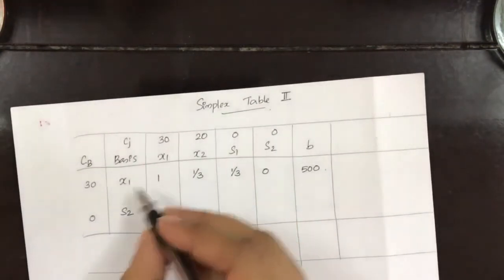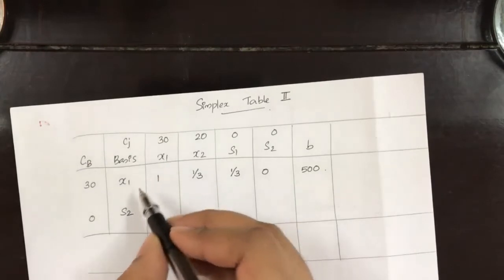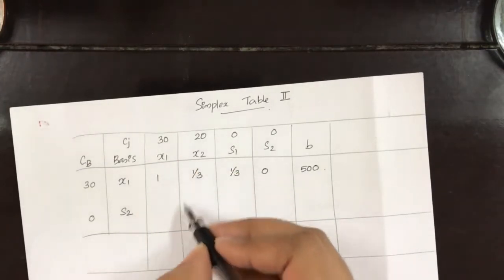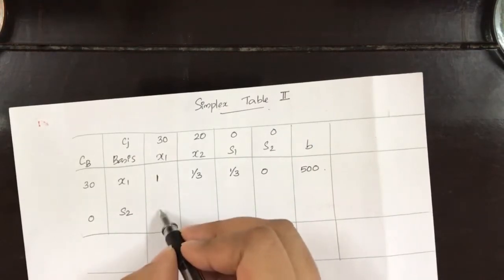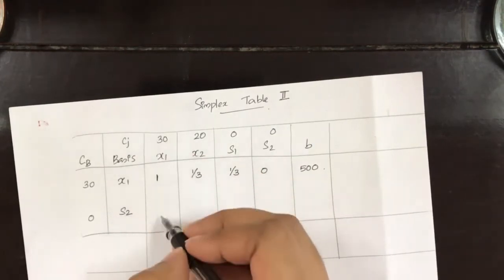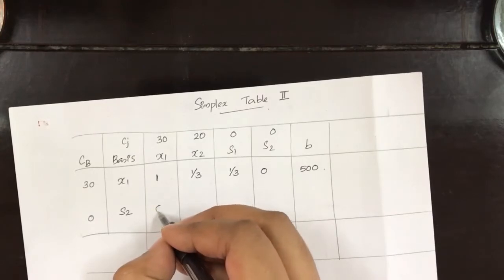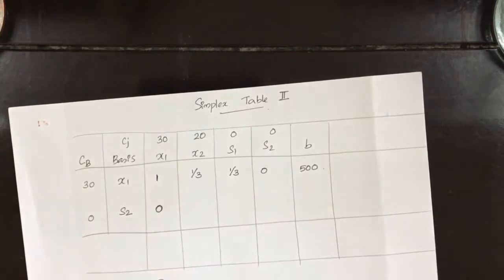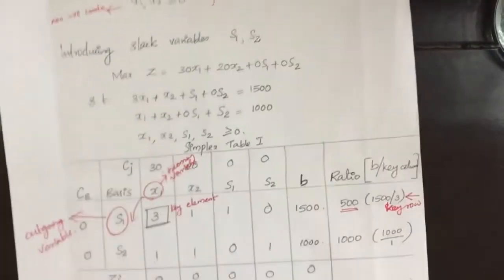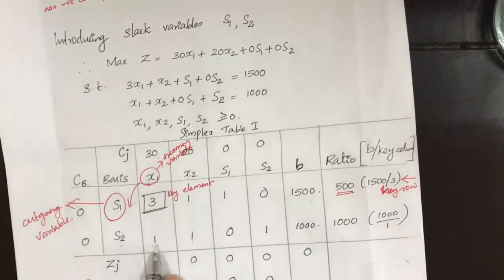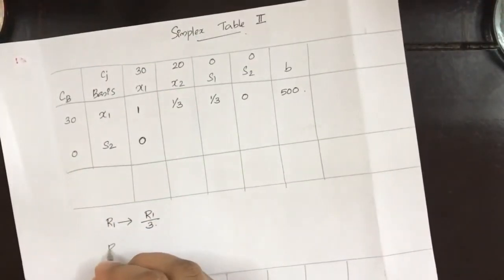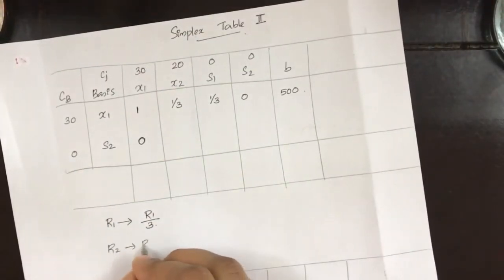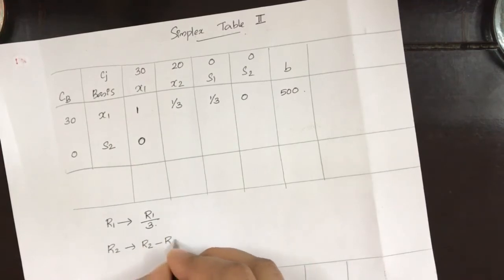Since x1 is a basic variable, its column should be a unit vector. If this value is 1, all other elements in that column should be 0. So to make this value 0, what should be done? What is the value here? 1. This 1 minus this one. So R2 changes to R2 minus R1.